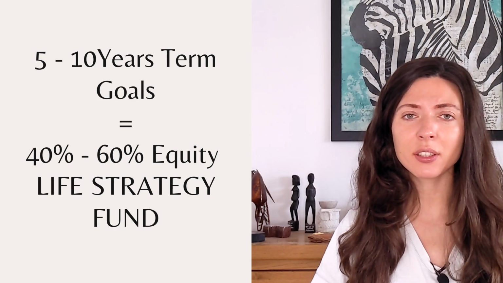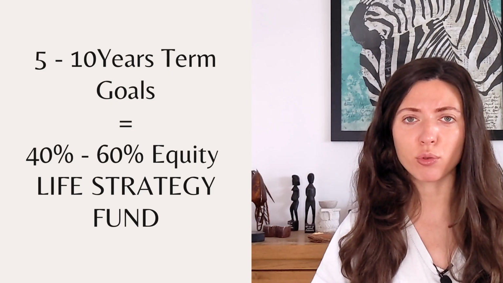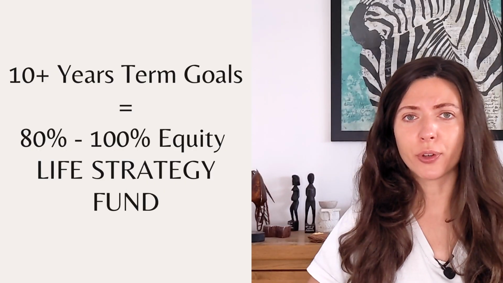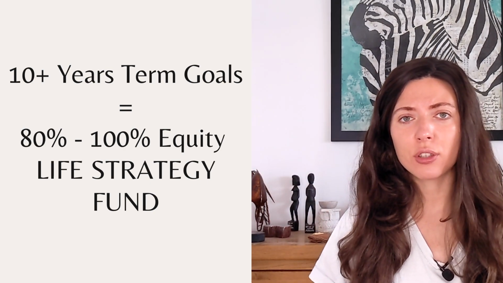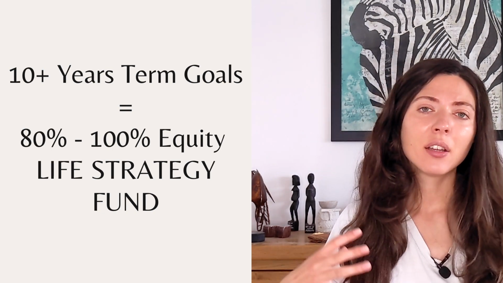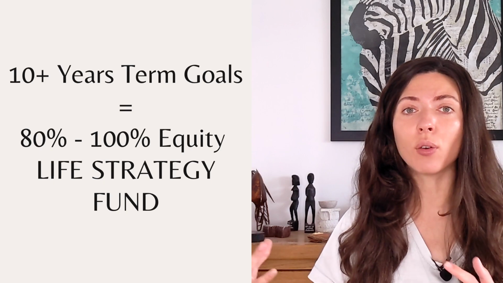If we invest for some median goals, 5 to 10 years, then 60% equity, 50% equity, somewhere around that would be okay. And if we want to invest for long-term goals, for example, our retirement or any goals that allow us not to touch this money for at least 10 years, then the higher percentage of equity in our fund, the better. So 80 or higher.